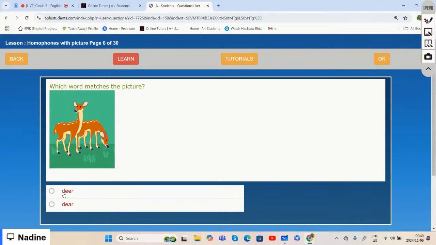Let's look at the last one. Deer, which is this, DEER or dear as in DEAR? Which one is correct?